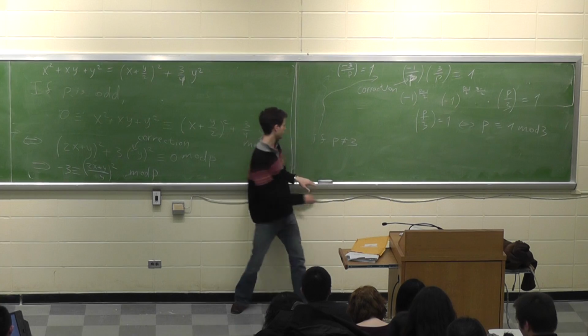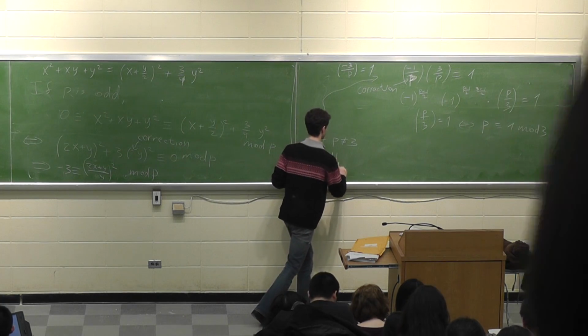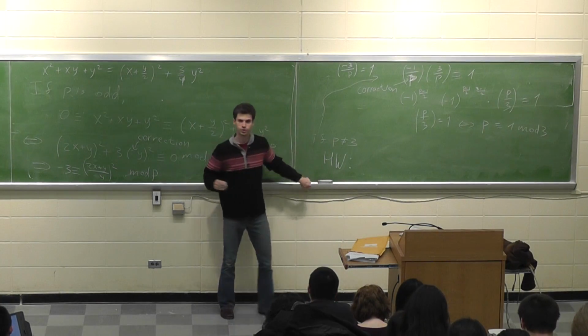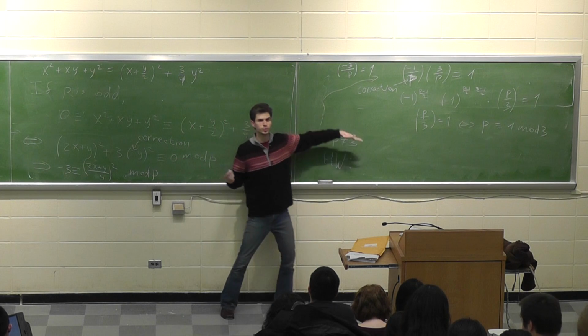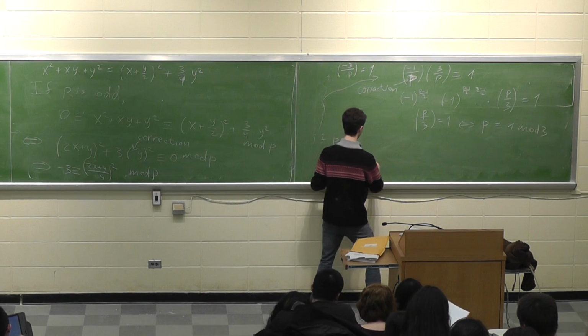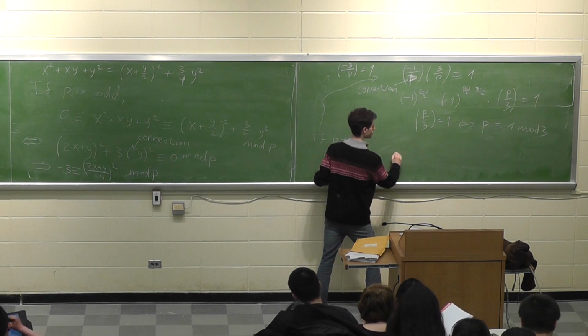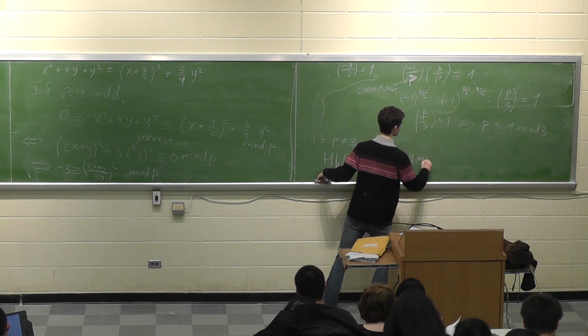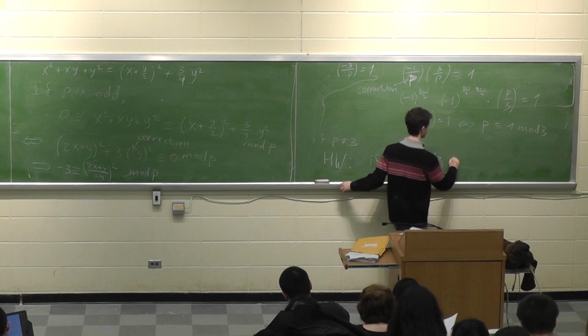So the homework. It's not a complete solution of the exercise. We didn't do the opposite implications. So homework is: p is congruent to 1 modulo 3.